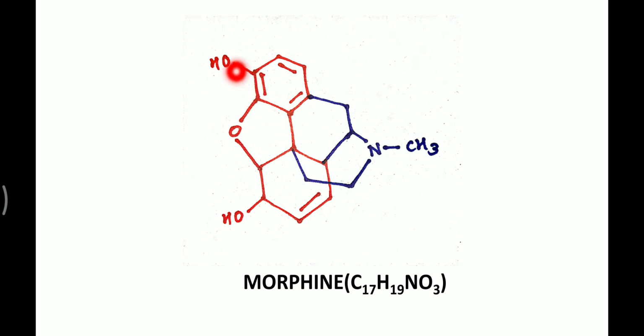Then next you attach one OH, here also you attach one OH. Then you complete this structure, so that once again here you put a CH2 group bonded to this ending, so that this looks like a hexagon. So the structure looks like 3 hexagons, 1, 2, 3, and this one will be like a pentagon.